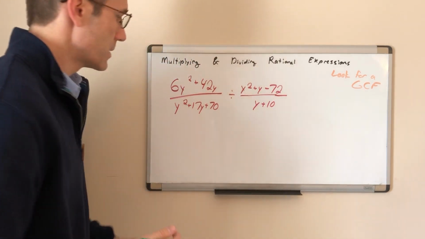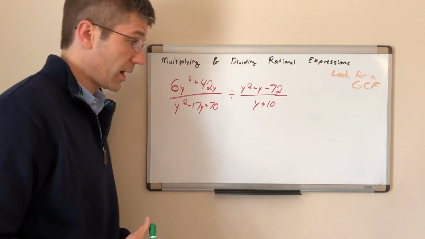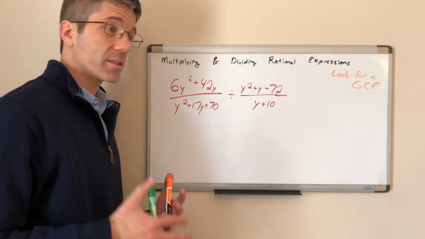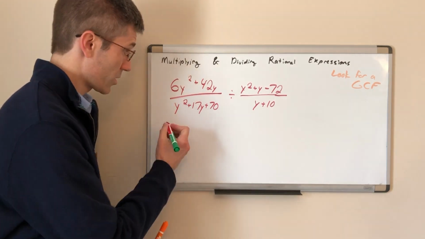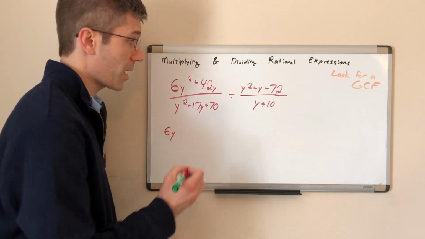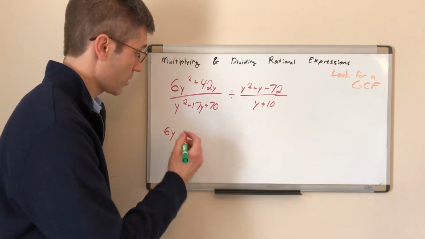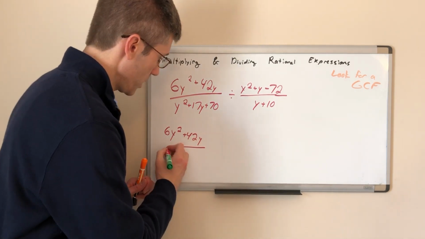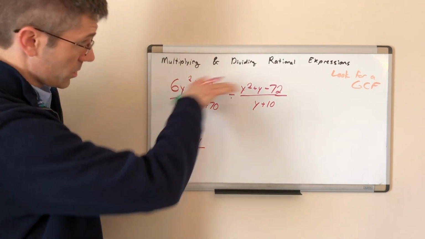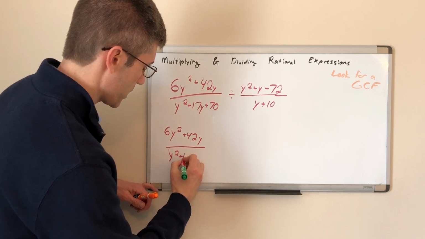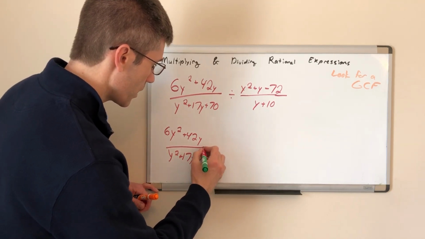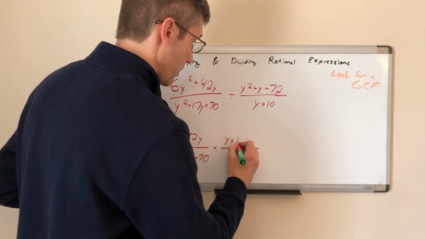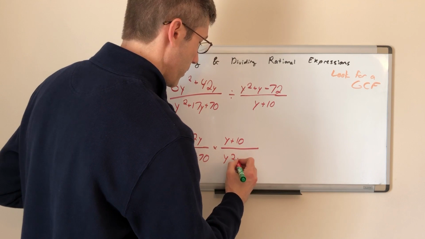Now, in the past, when I've taught this, I have done a whole bunch of stuff all at once, and it was super confusing. So if you want to skip this middle step, feel free, but I'm going to write the whole thing again, and it might be a waste of your time. You can skip this, but what I'm doing is keeping, changing that to multiplication, and then flipping.